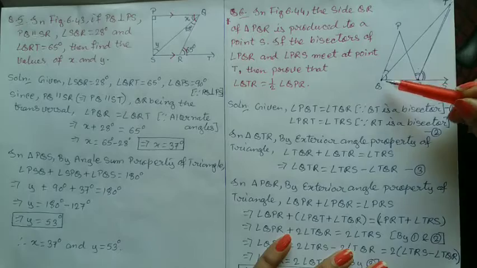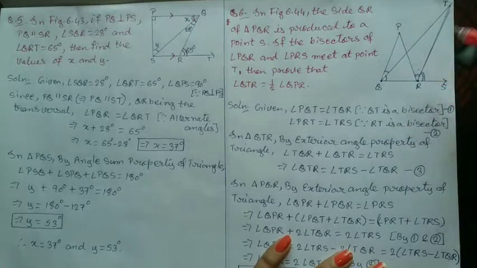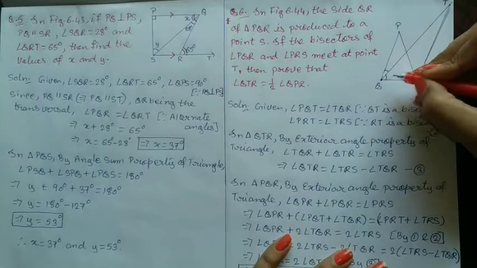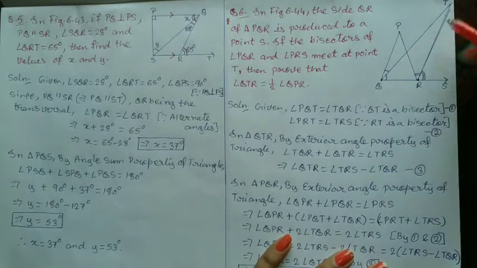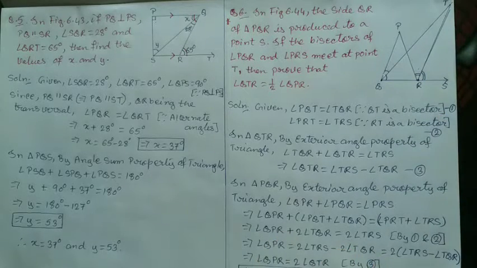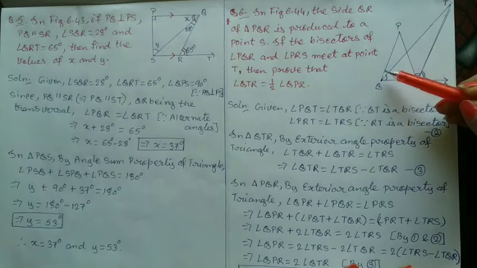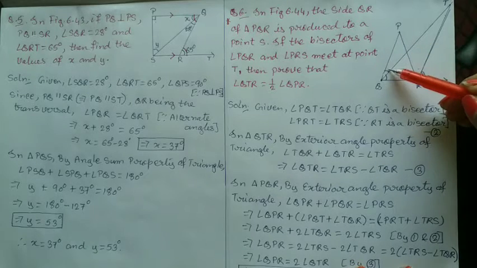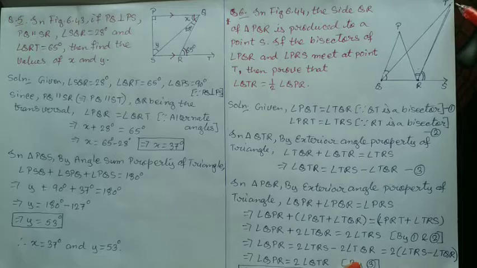So QT is the bisector of angle PQR. That makes these two angles equal. They are equal to each other because QT is the bisector. What do you mean by bisector? A line which divides an angle into two equal halves is known as the bisector, right? So this angle PQR is bisected into two equal halves by the bisector QT.